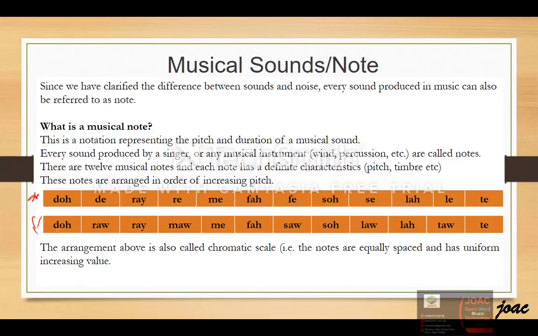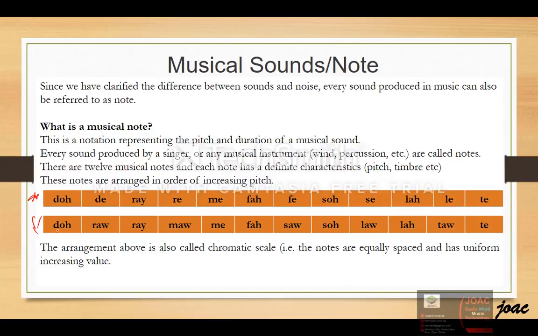Then if you are going to the upper octave, you are going to have the last one, which is do. If you're going in descending order: do, ti, te, la, le, so, se, fa, mi, me, re, ra, do.